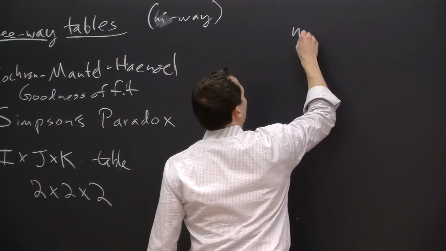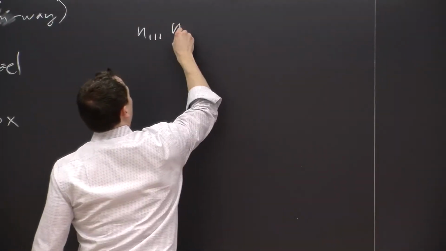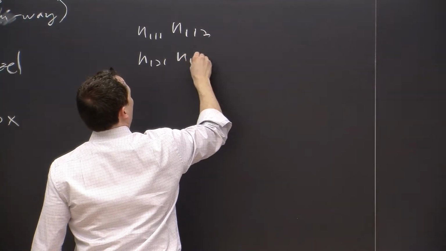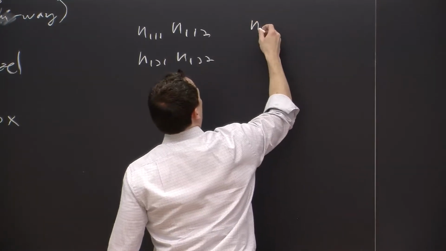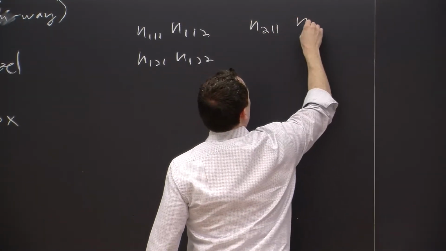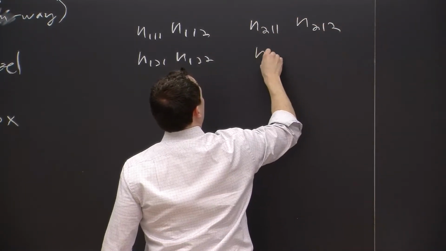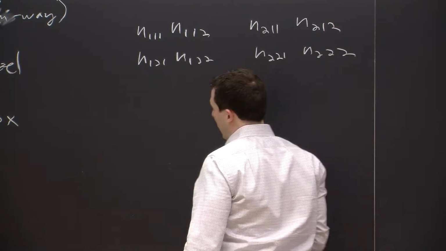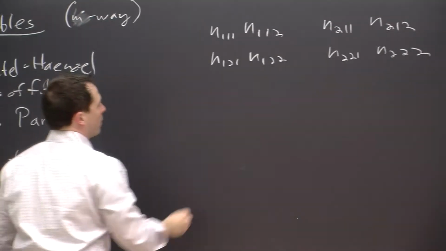Here's an example: n111, n112, n121, n122, n211, n212, n221, n222. So it has 8 entries, and those are the entries.